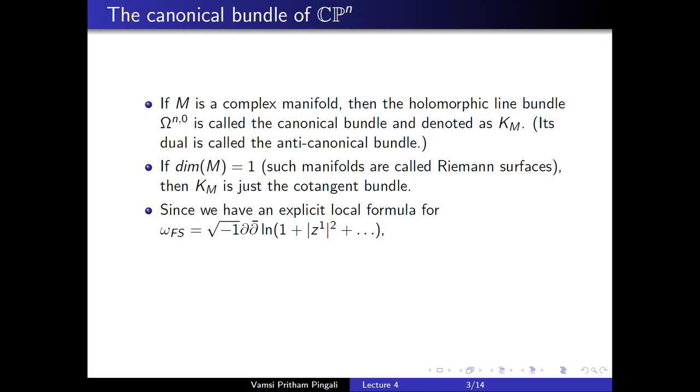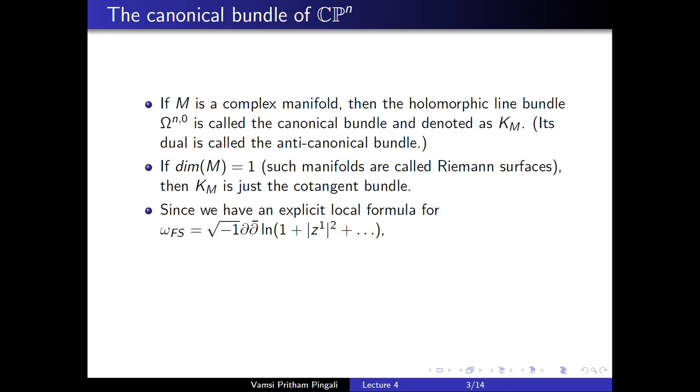Recall that if you take CPN, we have an explicit local formula for the Fubini-Study metric. Once again, when it comes to a Kahler metric, or for that matter even a Hermitian metric, the information about the metric is conveyed completely through its associated 1-1 form.